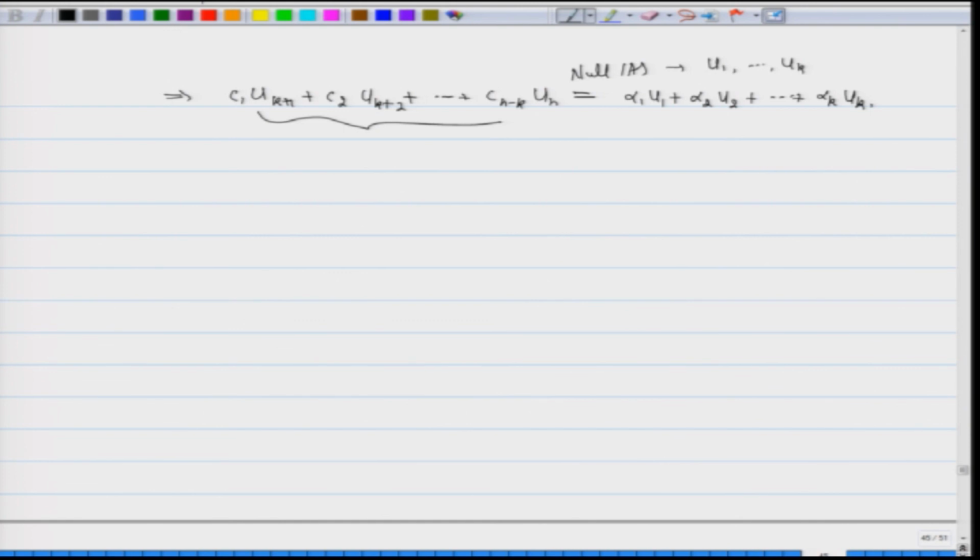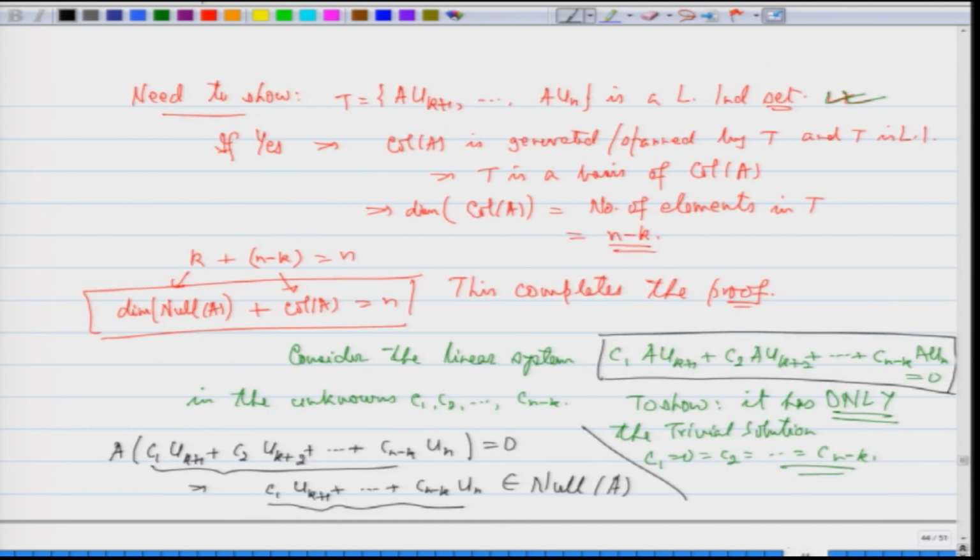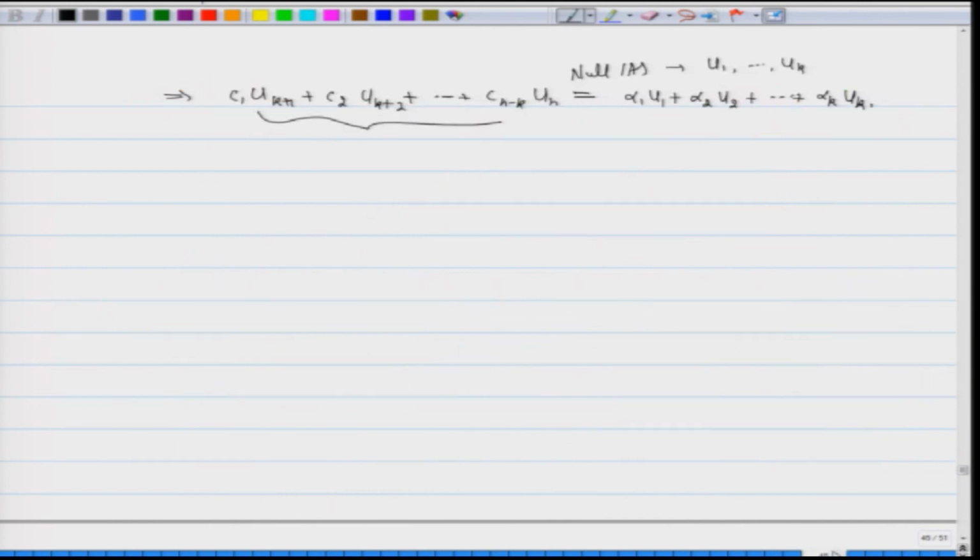Understand? The left hand side is an element of, fine, somewhere, I do not know where it is, but at the same time we have shown that A times that is 0. So, this vector belongs to the null space. Since it belongs to the null space, I can express it in terms of the basis of the null space. So, I can write like this.